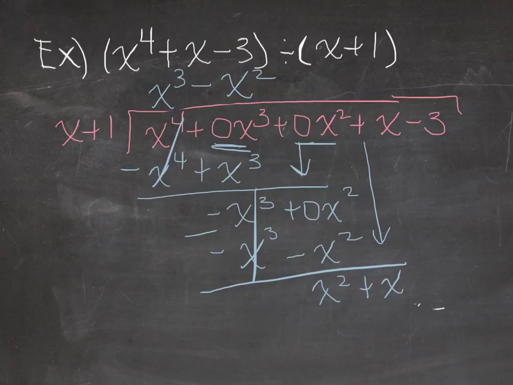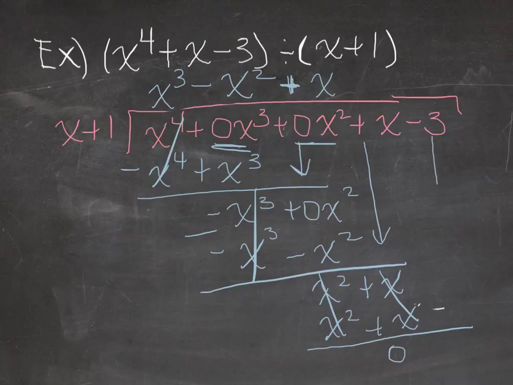So x, what times x will give me x squared? Well, that would just be an x, so plus x. So then I have x times x is x squared, and then x times 1 will be x. And I subtract, so I get 0 and 0, and then I bring down this minus 3.